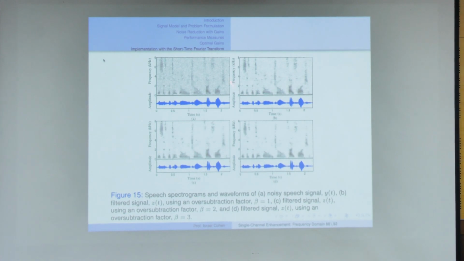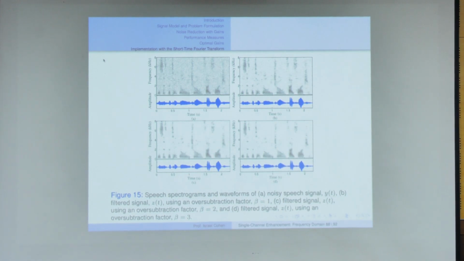I don't remember what it is, it's probably in the code. And then this is the enhanced signal when beta equals 1. You see, when beta equals 1, we still have many noise components where we don't have speech. Here beta equals 2. Here beta equals 3. So when we increase beta, we remove more noise. But you see, we also suppress or remove weak speech components. So we have more distortion.